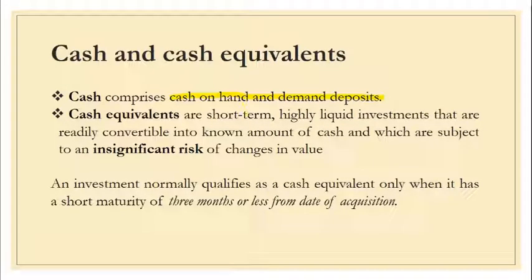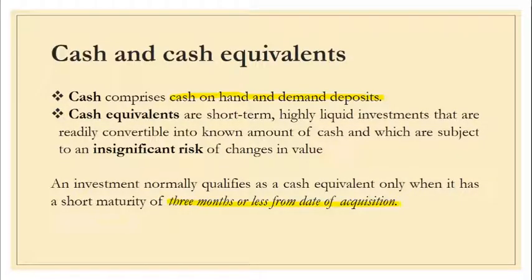Now, cash equivalents are defined as your short-term, highly liquid investments that are readily convertible into known amount of cash and which are subject to an insignificant risk of change in value. According to PAS 7, diba, an investment normally qualifies as cash equivalent only when it has a short maturity of 3 months or less from the date of acquisition.